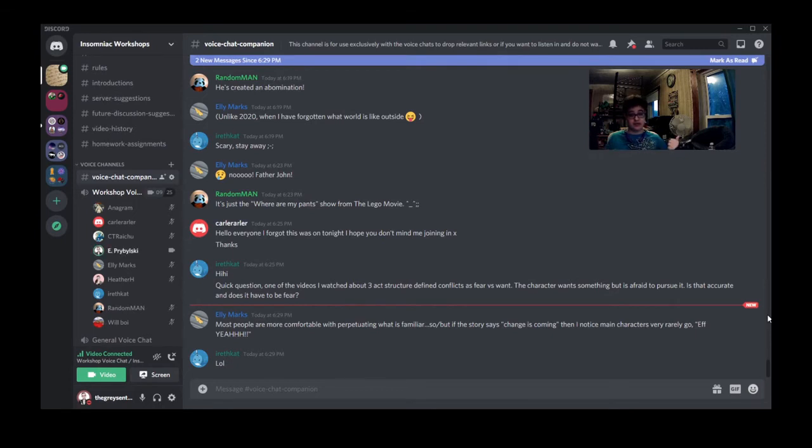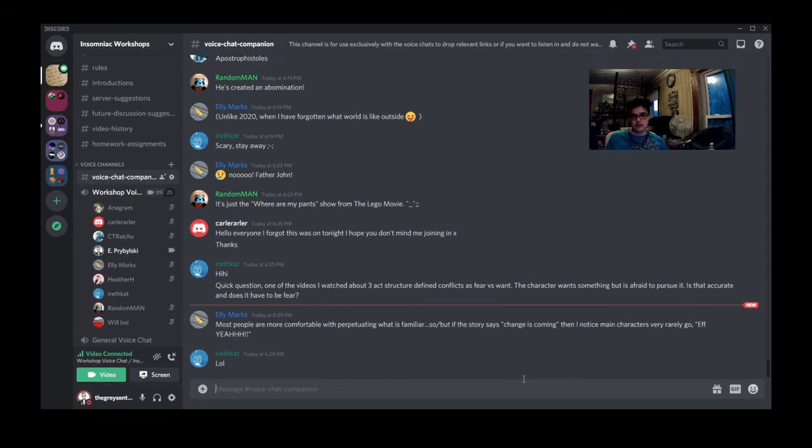Hagrid was taking him to Diagon Alley to get his stuff, and he was going to Hogwarts one way or another. He didn't really have a say in the matter, it just sort of happened. So there's an example of a catalyst where the main character didn't exactly choose the thing that happened, but it does happen, regardless. So you have that sort of thing, and that is a perfectly valid way of getting a character into the main story.